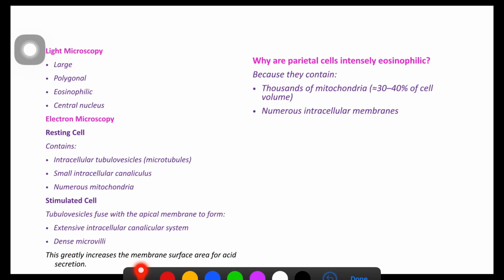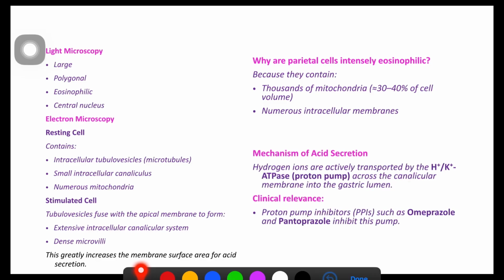So basically parietal cells are intensely eosinophilic because of thousands of mitochondria, and they contain numerous intracellular membranes.